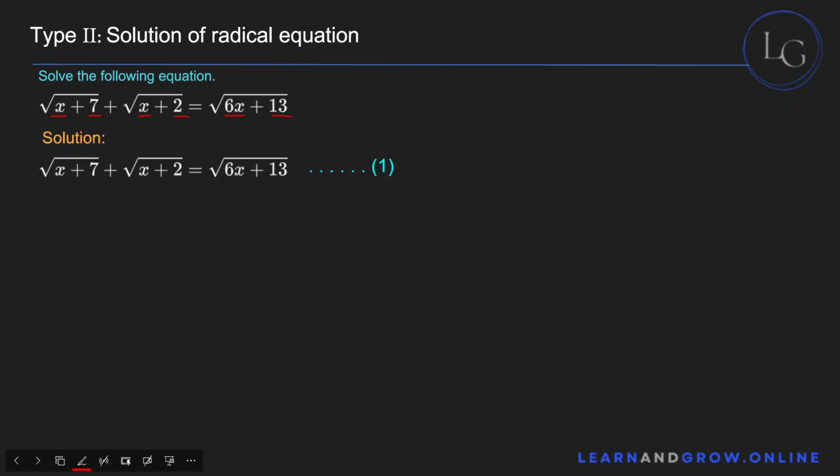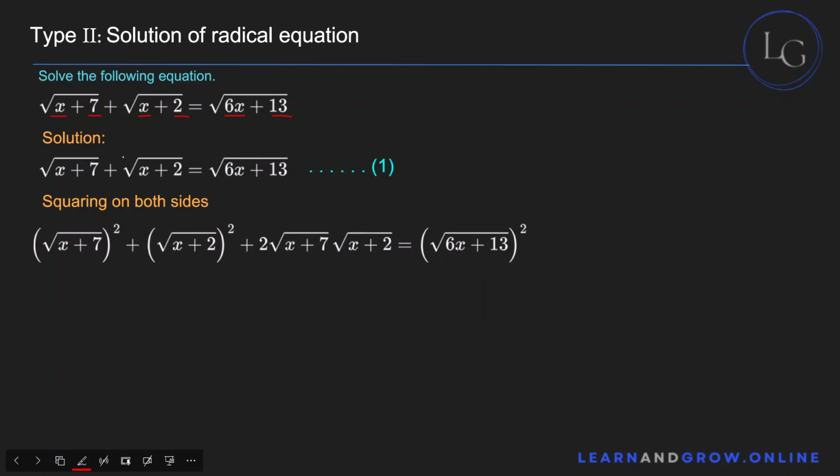Now, how do we solve this? So, you'll take the square on both sides. Now, what have we done here exactly? On the left-hand side, how did we get this? As you know, basically, if you have (a + b) whole square, it is equal to a square plus b square plus 2ab.